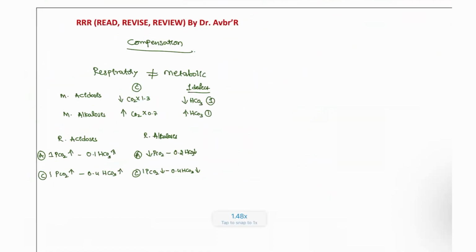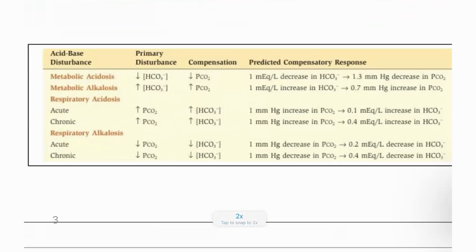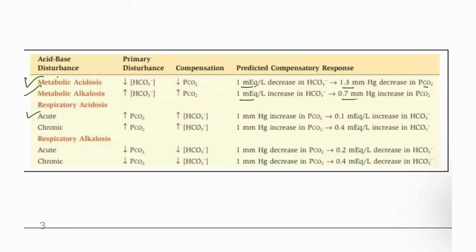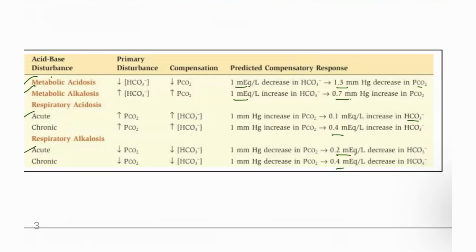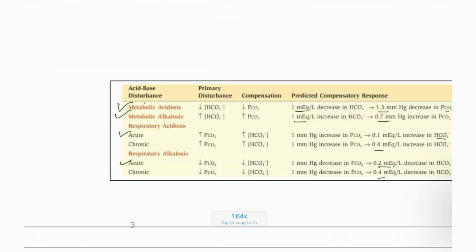All this is according to Winter's formula. In metabolic acidosis, for every 1 HCO3, 1.3 mmHg of PCO2 will be decreased. In metabolic alkalosis, for every 1 HCO3, 0.7 will be increased in the PCO2. In acute acidosis, 0.1 of the HCO3 will be increased; for acute alkalosis, 0.2. And 4 and 4 is common for the chronic types of the respiratory diseases.